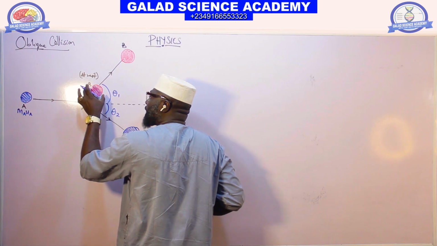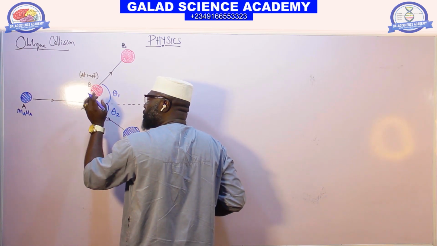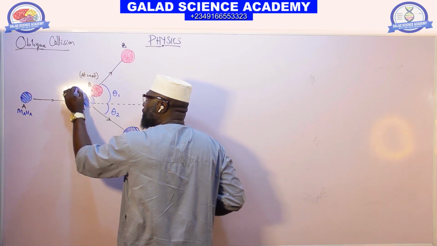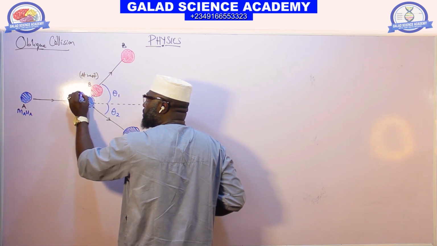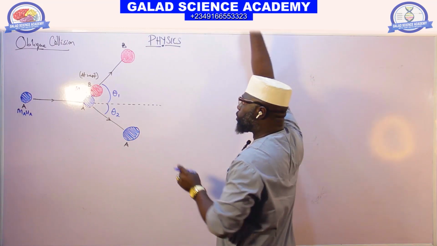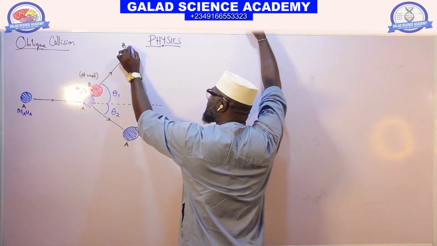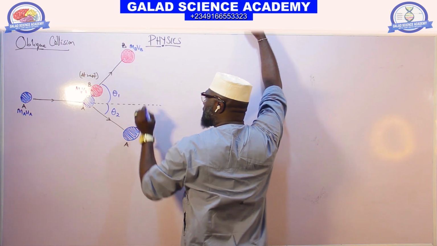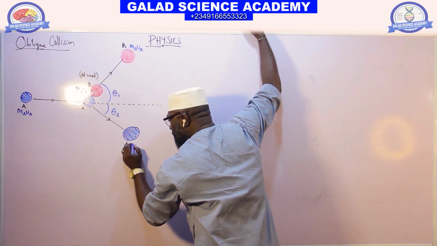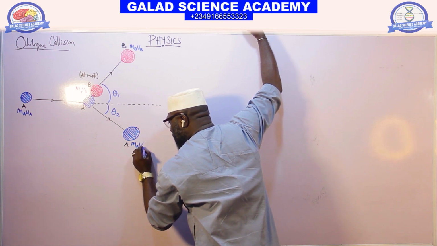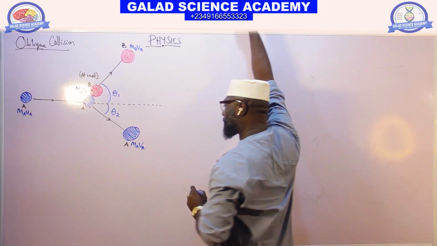And this B is at rest. We know that for at rest, U is equal to 0. So mass B and UB is this. After collision, here we have mass B with VB, and here mass A with final velocity VA.